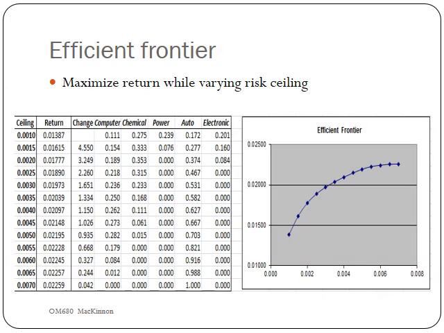We can also do it the other way: maximize our return while varying the risk ceiling. Why do this? Because a lot of decision makers like to see things graphically. So we graph them out, and this is fairly standard in portfolio management. Efficient frontiers.